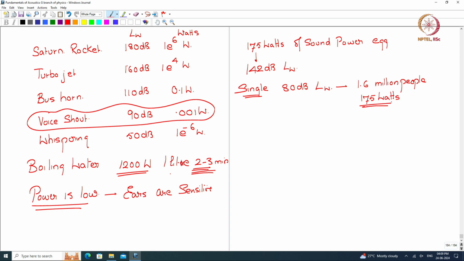That is how little power we have in sound, and how sensitive our ears are.